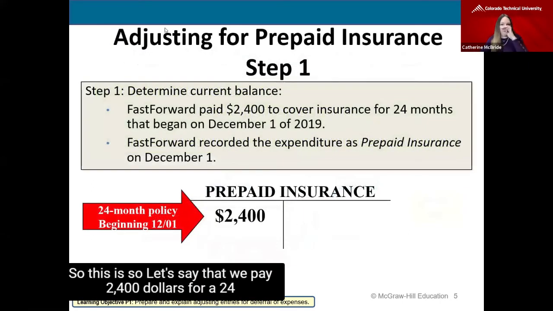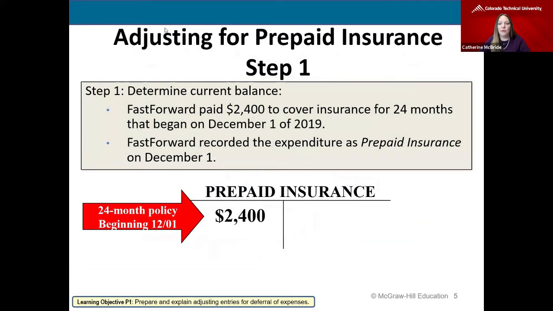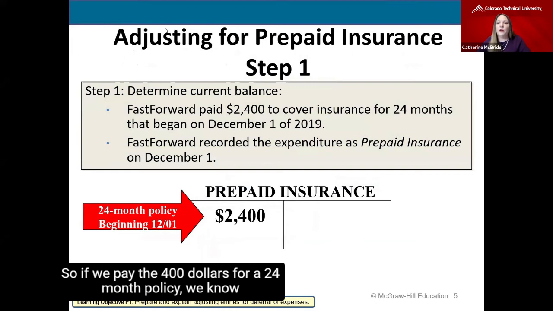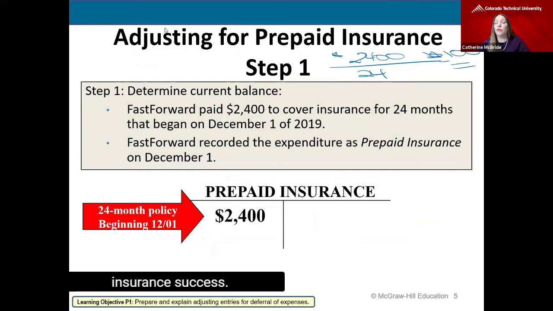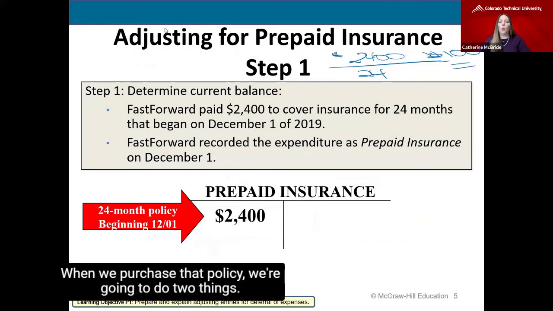So this is how it looks. So let's say that we paid $2,400 for a 24-month insurance policy. So if we paid $2,400 for a 24-month policy, we know that each month we're going to have $100 worth of insurance expense. When we purchase that policy, we're going to do two things.